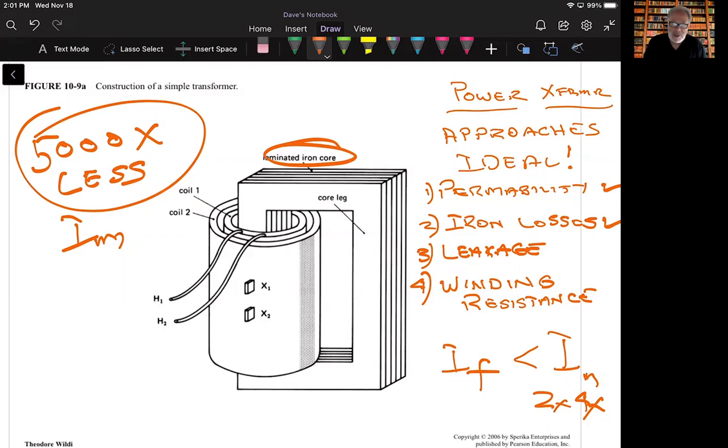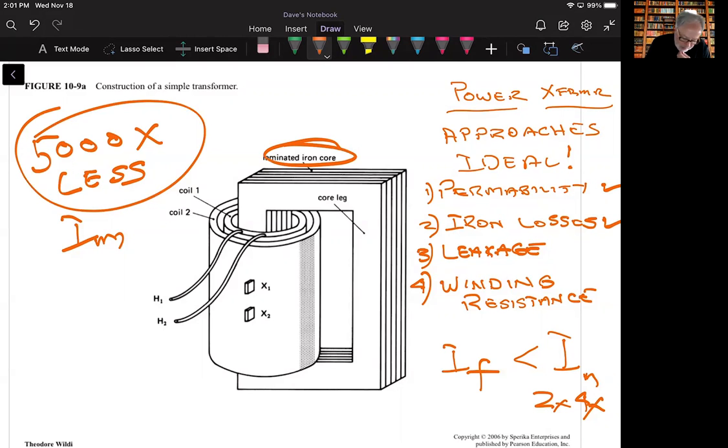Of course, they're insulated from each other, because you can't have electrical conduction between different coils, but that close proximity increases the coupling that occurs.